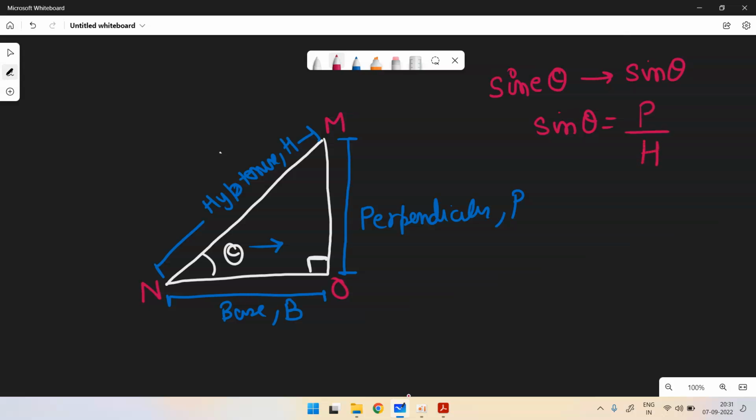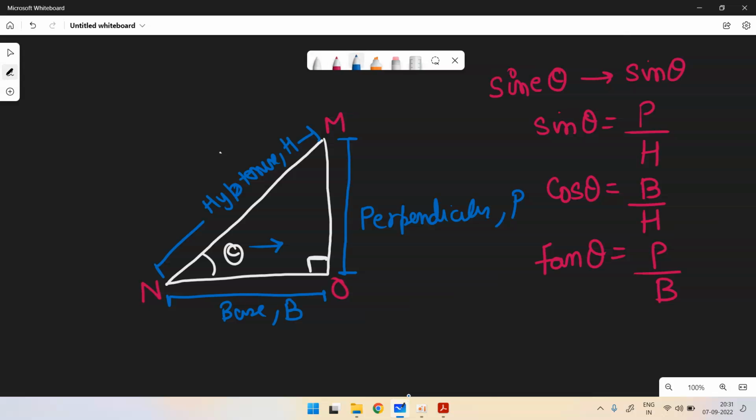That is, sine theta equals perpendicular by hypotenuse. And cos theta equals base by hypotenuse, and tan theta equals perpendicular by base. This is the basic thing he has given.